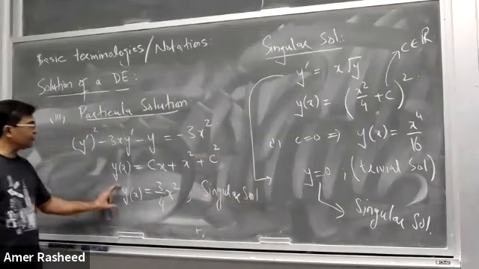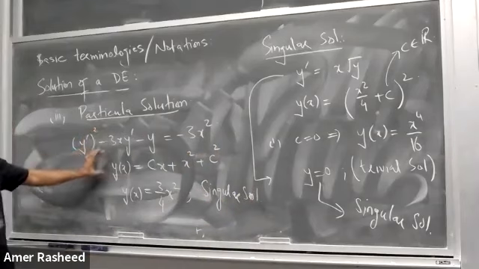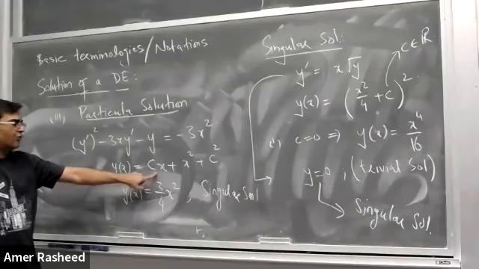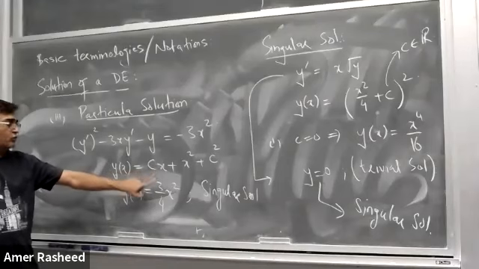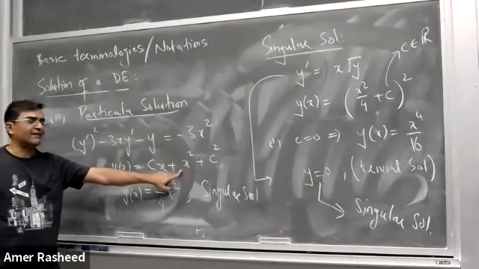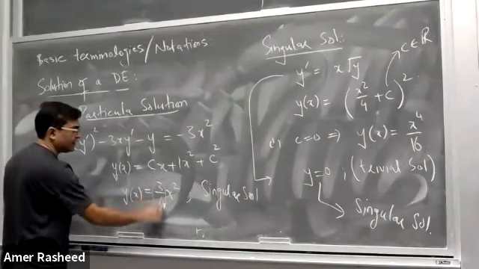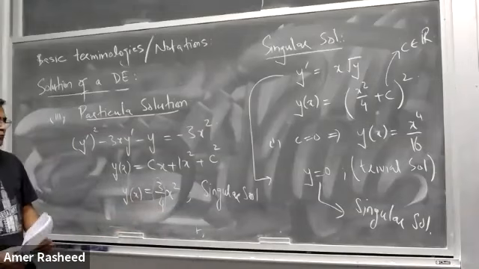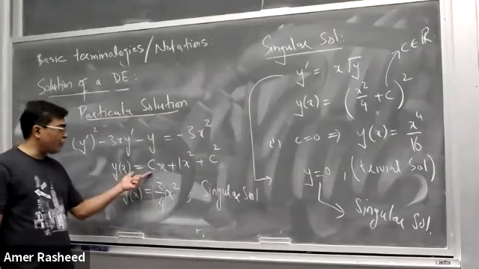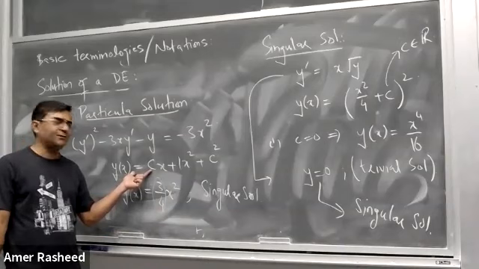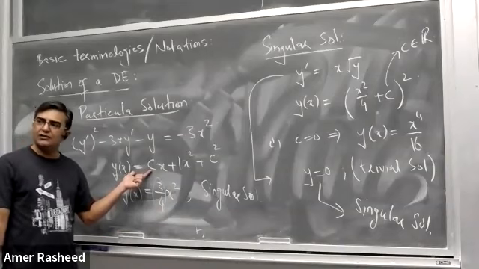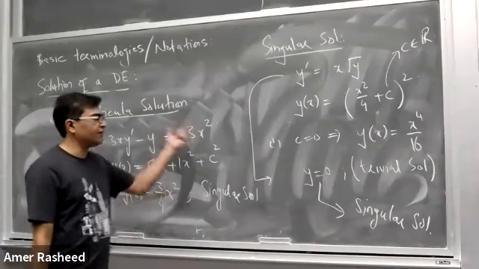This is a singular solution to this differential equation, and the other is a general solution, which is a one parameter family of solution. Can we obtain this solution out of that solution? No, we cannot, because here the coefficient of x square is 1, whereas there the coefficient of x square is 3 by 4. So we cannot obtain this solution from that solution by assigning some specific value to c from R. Then this is a singular solution to this differential equation.